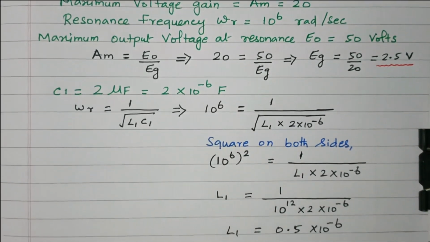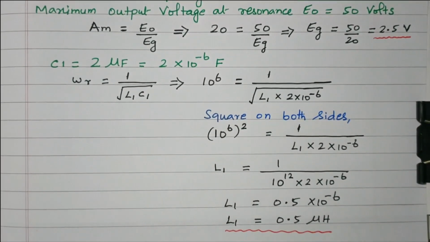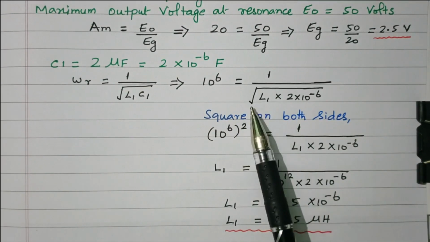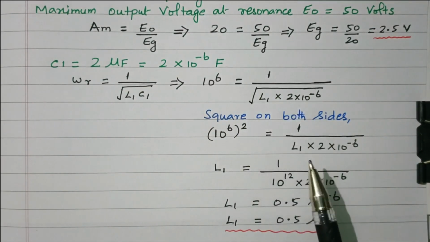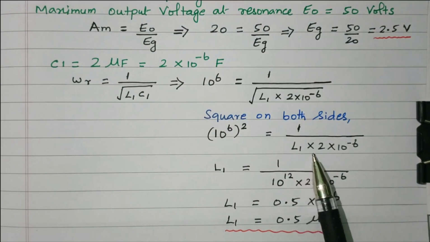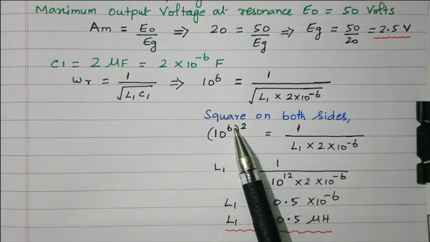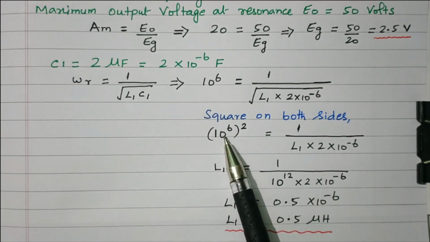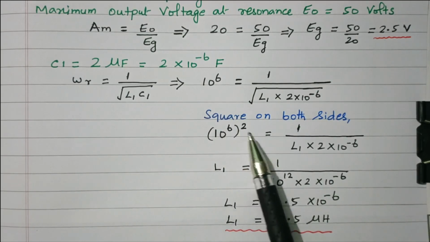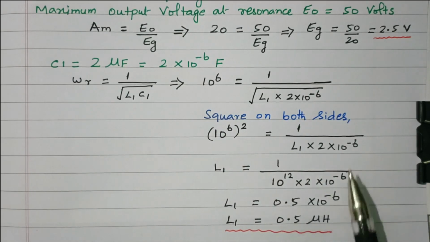Now square on both the sides, so 10 to the power 6 square equal to 1 divided by, while taking square, the square root disappears, so L1 into 2 into 10 to the power minus 6. Bring this L1 to the numerator that side, bring this 10 to the power 6 whole square to the denominator this side, right?